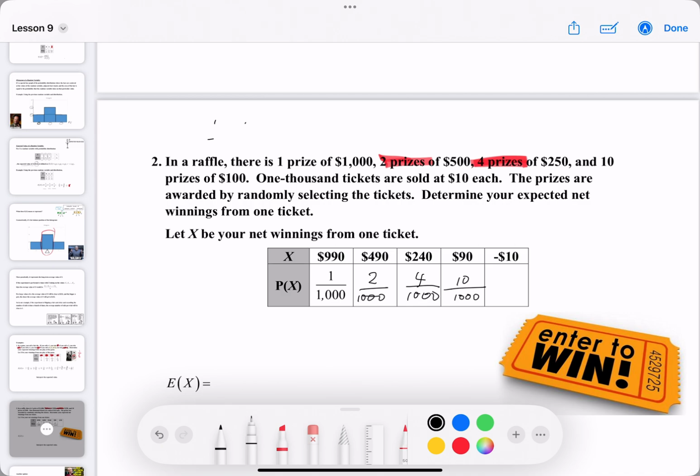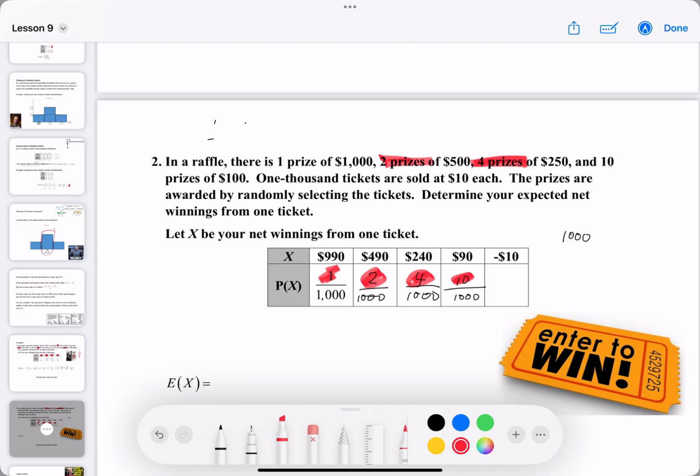How many people win nothing from the big jar? In the big jar we have 1,000 raffle tickets, and one ticket wins $1,000, 2 tickets win $500, 4 tickets win $250, and 10 tickets win $100.